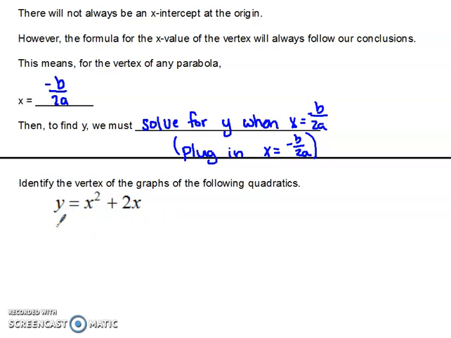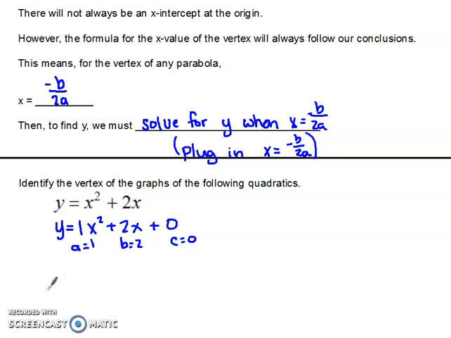So this equation is in standard form. If I write it with all the a, b, and c's showing, my coefficient on x squared is 1, so I've got 1x squared plus 2x, and then my constant term is 0, which means that a is 1, b is 2, and c is 0.